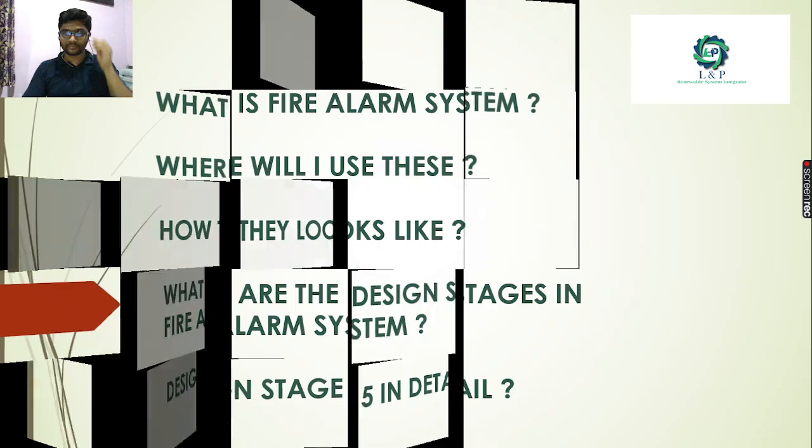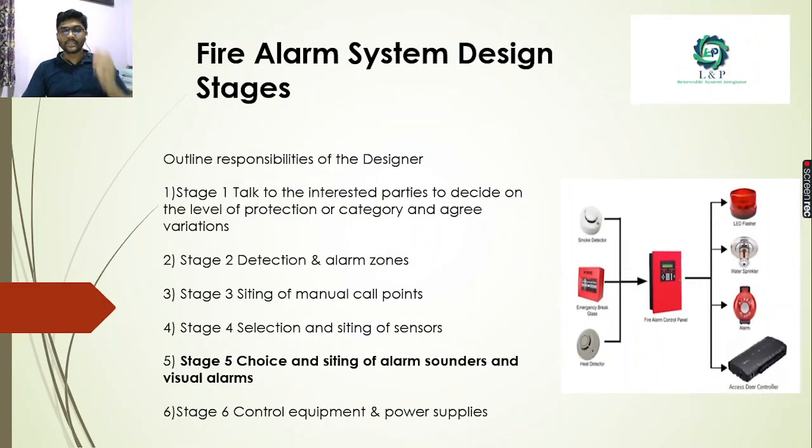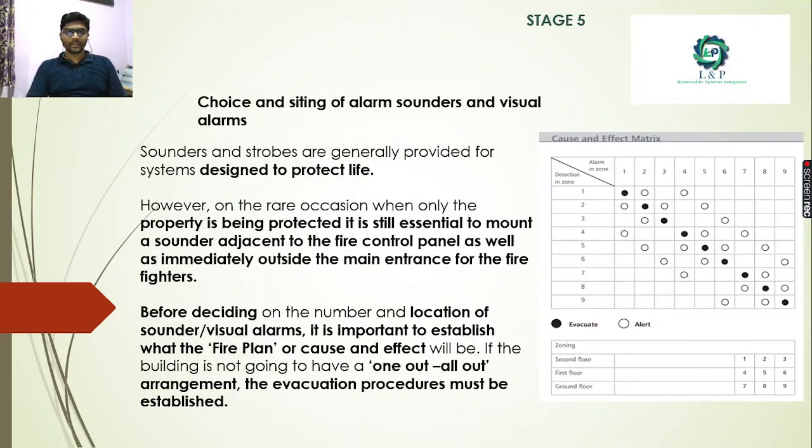Design stage 5. Design stage 5 is nothing but choosing and locating the alarm sounders and the visual alarms. Normally we can use sounders and strobes.